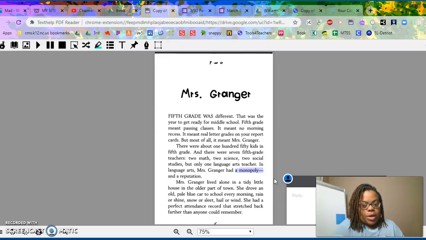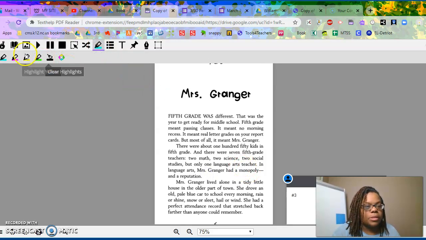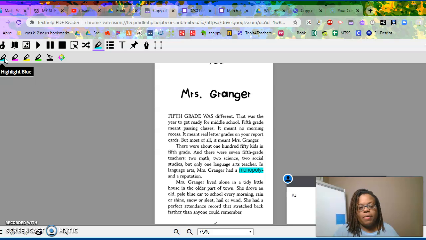This was my third question that I was answering. So here, in looking at this word, let's see. Click to highlight that blue. All right. So here I have monopoly.